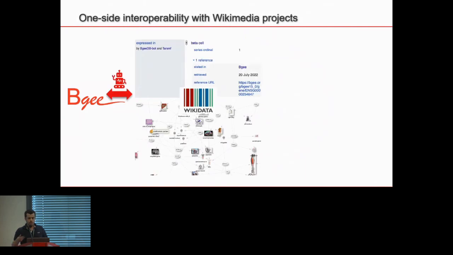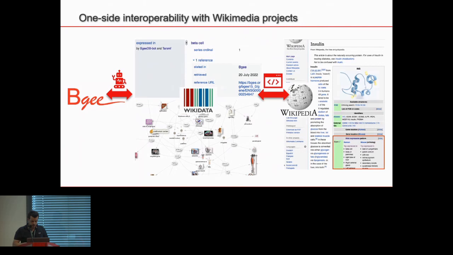Wikidata is also interoperating with Wikipedia. We had to develop a submodule for the gene infobox of each gene article in Wikipedia that fetches the information available from the BGee data source at Wikidata, and it currently works like that. But to do that, again, we have to comply with the interoperability procedures in place by Wikimedia projects.